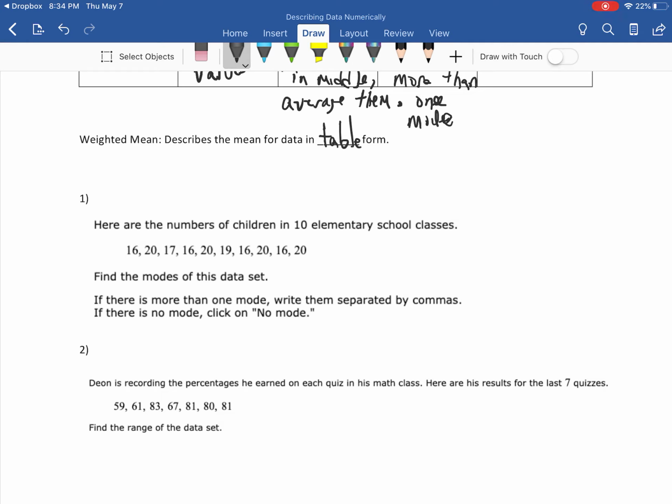So 16 occurs 1, 2, 3, 4 times. 17 occurs only once. 19 occurs only once. 20 occurs 4 times. So we have 2 modes, 16 and 20.